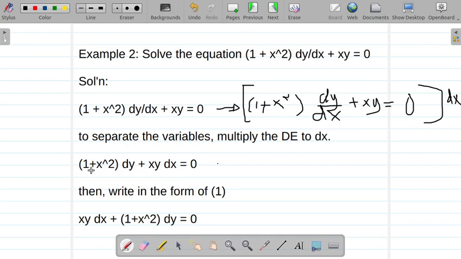So, it becomes 1 plus x squared dy plus xy dx. After that, we can also rewrite it as xy dx plus 1 plus x to the power of 2 dy is equal to 0.